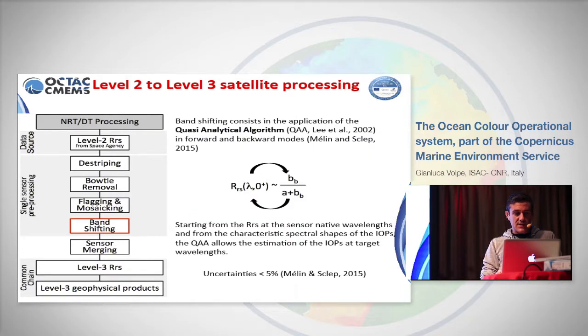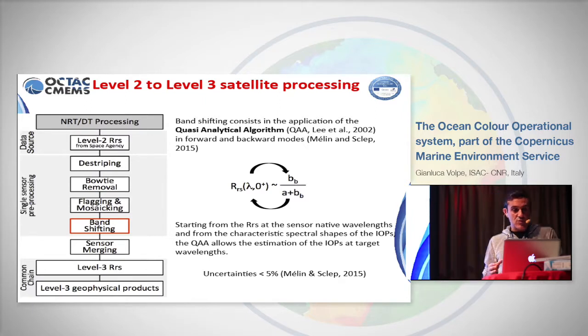We use the band shifting approach, which consists of the application of the quasi-analytical algorithm in both forward and backward modes. As I was telling you, the remote sensing reflectance is proportional to the IOPs of the seawater.